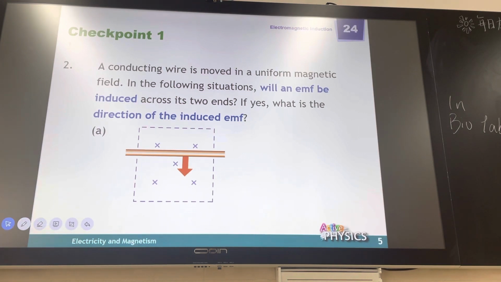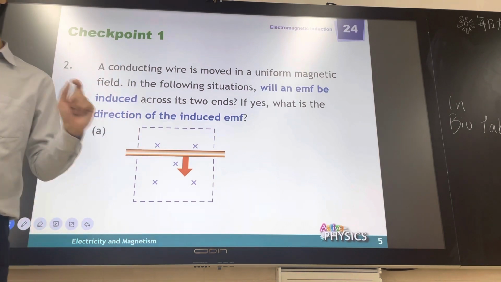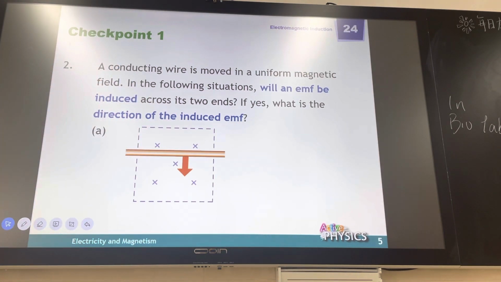Okay, so now, so will an EMF be induced across the two ends? So what's the meaning of EMF? So actually, we have already known how to find this. So first, you tell me the directions of current first. So we don't need to care about the questions. So tell me the directions of current first. Left. Tell me the directions of current.